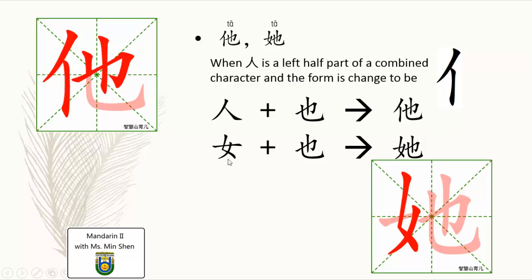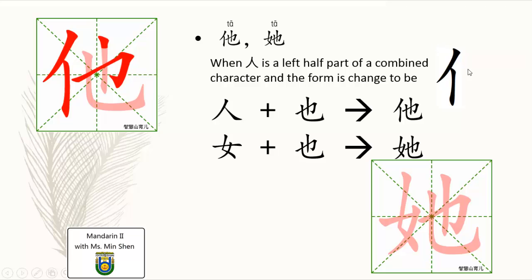And if we change the meaning component at the left hand side to be 女, as this one, then it's about female, but the right hand side is the same form, and it's another combined character. Actually, we introduced it before, this is 她 for her.